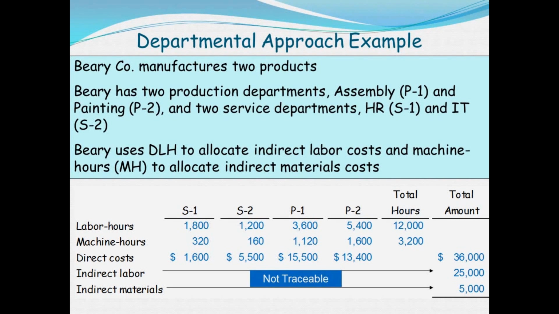And the total amount is 36,000. This is in thousands. So it's 36,000 there. Then there are indirect costs, both labor and materials. You can't trace them. $25,000 and $5,000, and you don't know how to allocate them among these four departments, and ultimately these two departments, and ultimately two products. Okay?